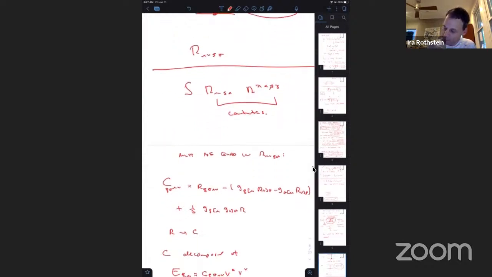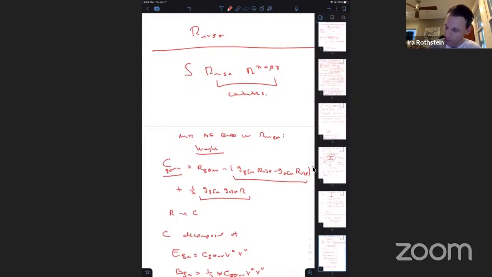The Weyl tensor is defined in this way. You can decompose the Riemann tensor in terms of the Weyl tensor, the Ricci tensor and the scalar curvature.